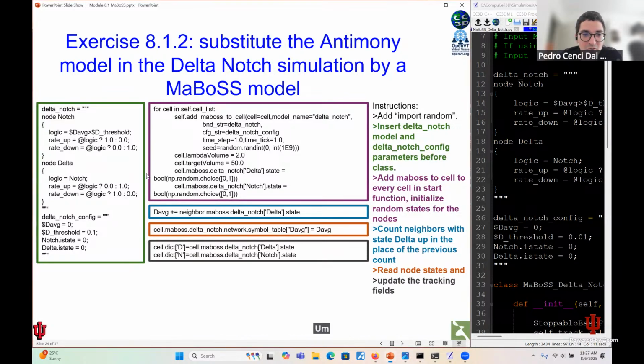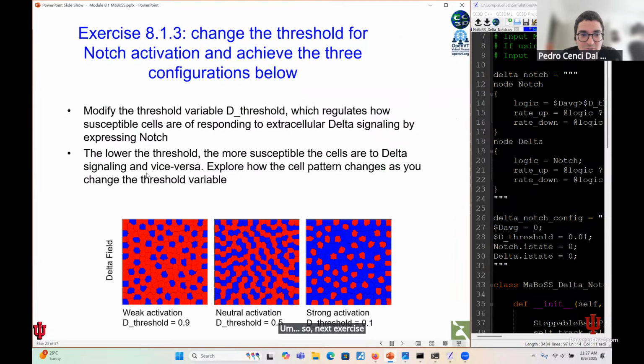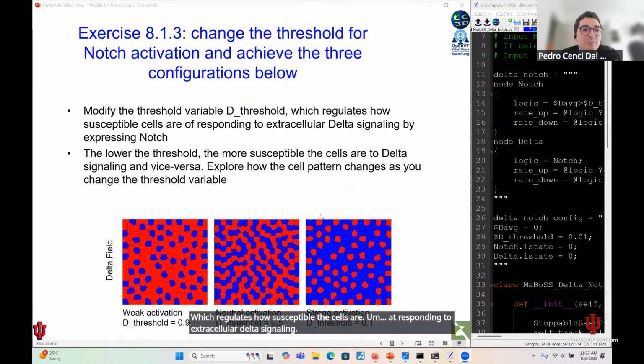So next exercise, if you got it to work, is to modify the threshold variable, D threshold, which regulates how susceptible the cells are at responding to extracellular delta signaling by expressing notch. The idea here is that the lower the threshold, the more susceptible cells are to responding to delta signaling, and vice versa. So the higher the threshold, the less susceptible cells are to delta signaling.